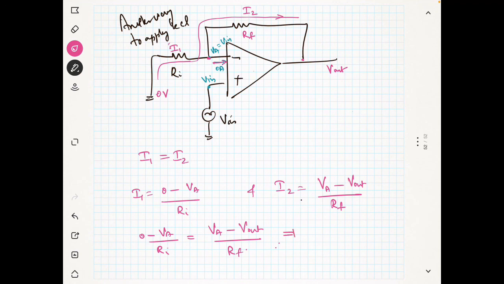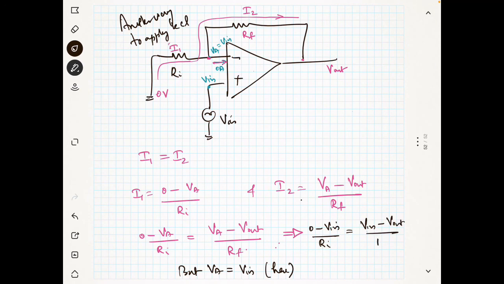We know that VA is equal to Vin in this circuit, so I can write 0 minus Vin by Ri is equal to Vin minus Vout by RF. After solving this, you will get the closed loop gain Vout by Vin equal to 1 plus RF by Ri.